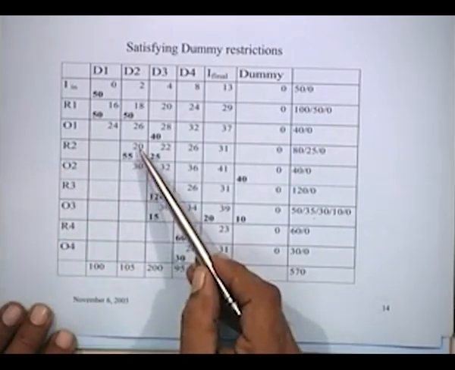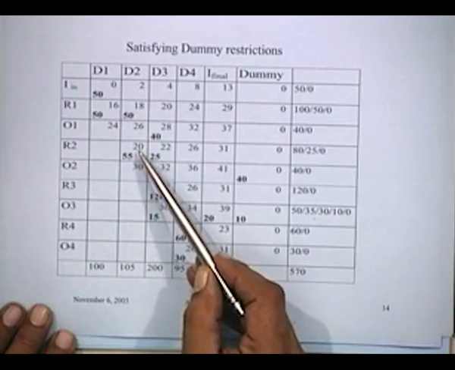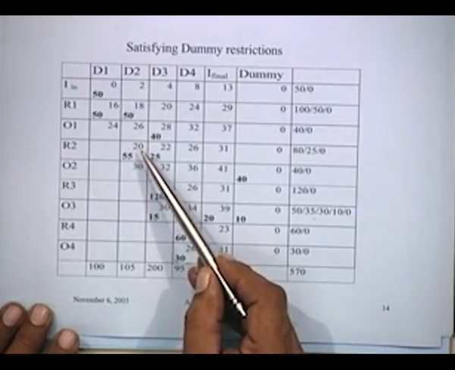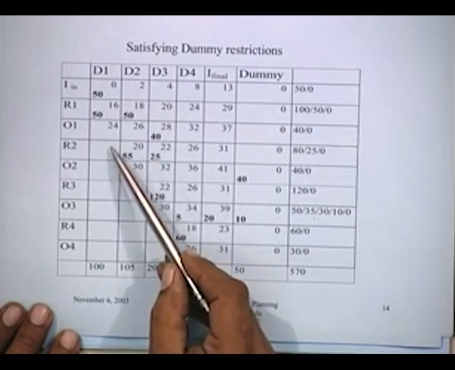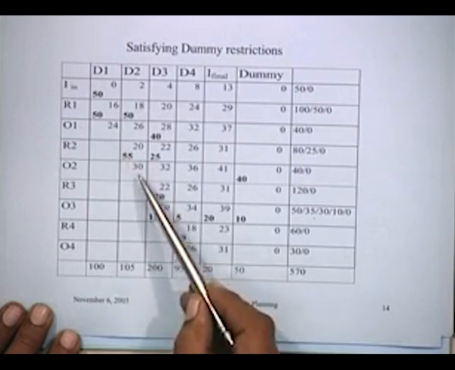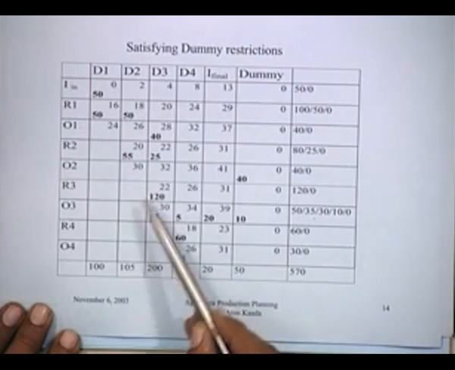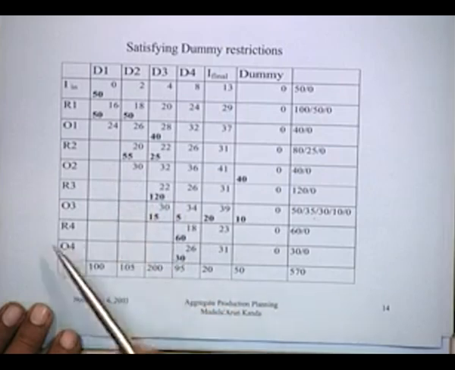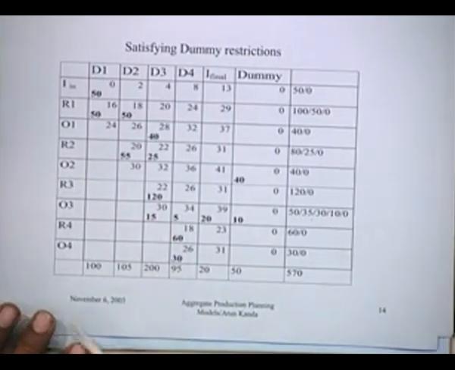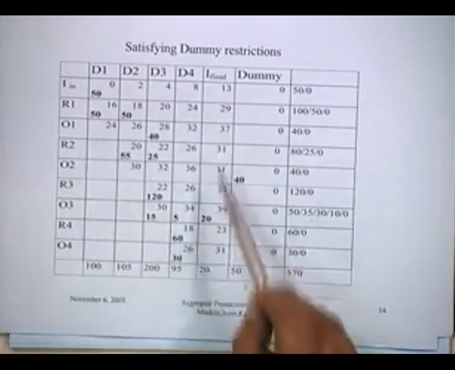So if it costs you 20 rupees now, and suppose I take a shortage cost of, let us say, 5 rupees per period, then this item here, if we utilize this, will be 25 cost, and this will be 35. Similarly here, this will be 27, this will be 32, and so on. So if you allow shortages to take place, the transportation tableau will be full.